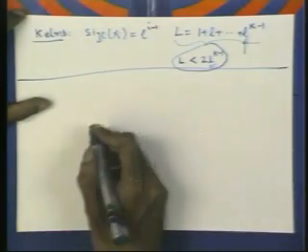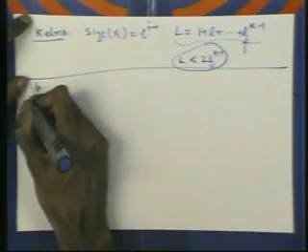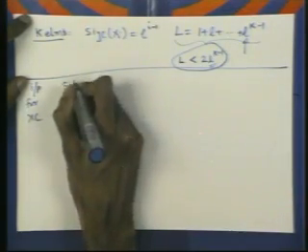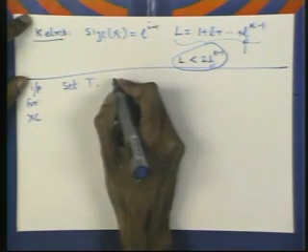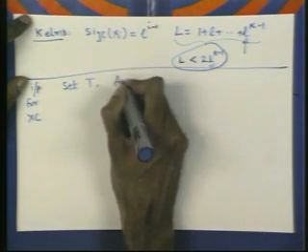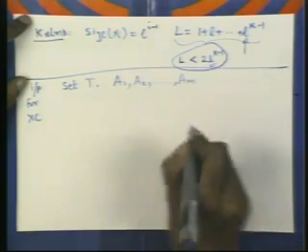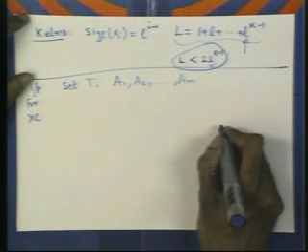So what has this got to do with exact cover? Let's come back and do this. In exact cover, the input is a set T, and I have subsets A1, A2, and so on up to AM. These are the subsets.